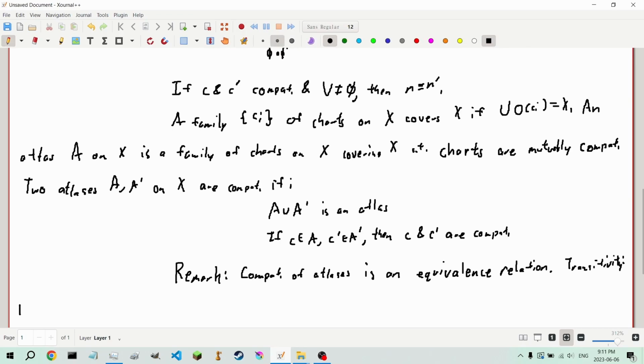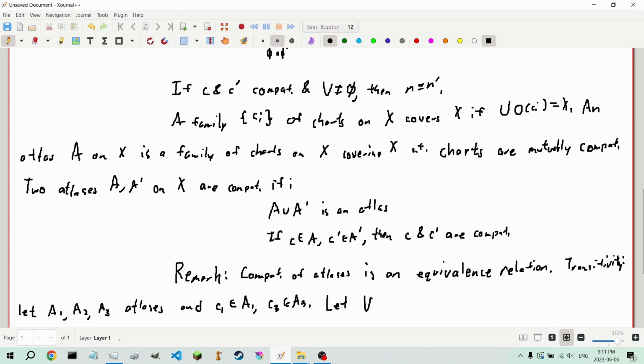we're going to let A1, A2, A3 be atlases, and I'm going to pick a chart from atlas 1 and a chart from atlas 3. Now you want, of course, these two to be compatible.